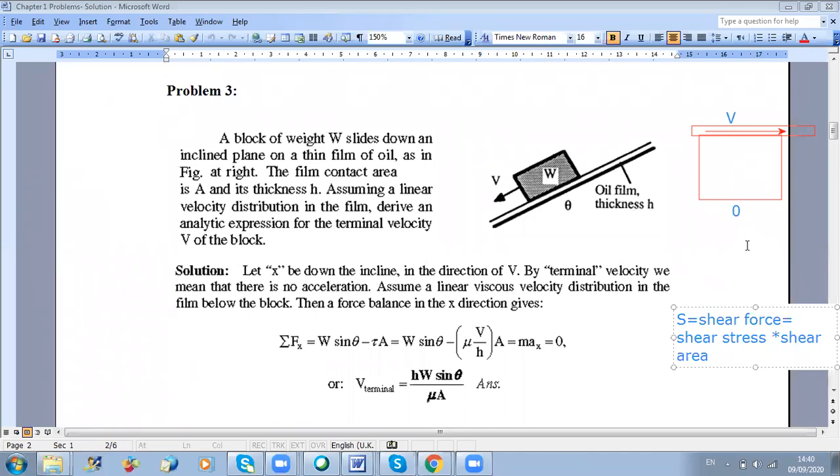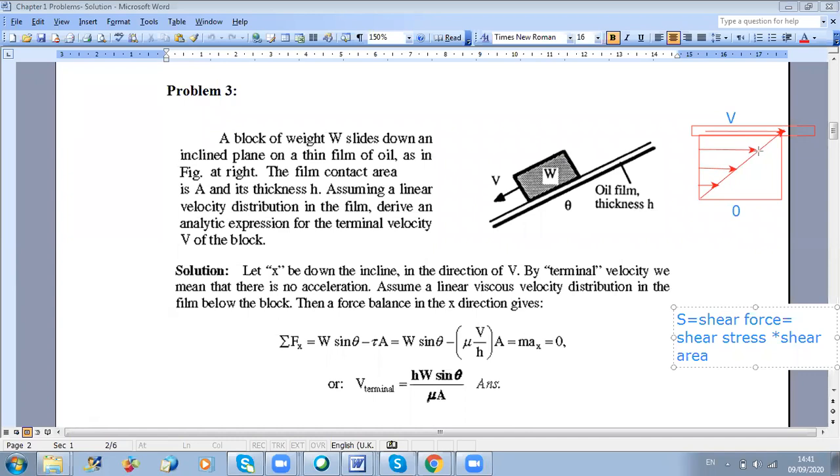Due to this resistance, which is through shear forces, and when we divide per unit area, we obtain shear stress. Due to the shear stress effect, you will have a variation of velocity inside your fluid. This is called the velocity gradient. If you take some layers of fluid in the x direction, they will have different velocities.